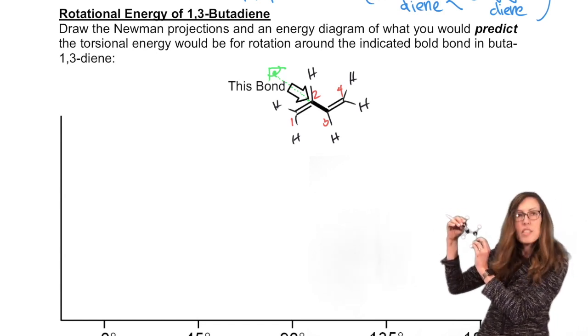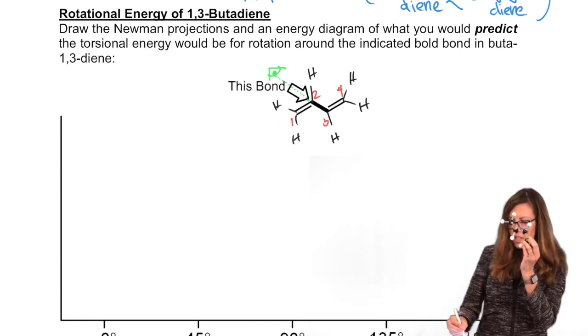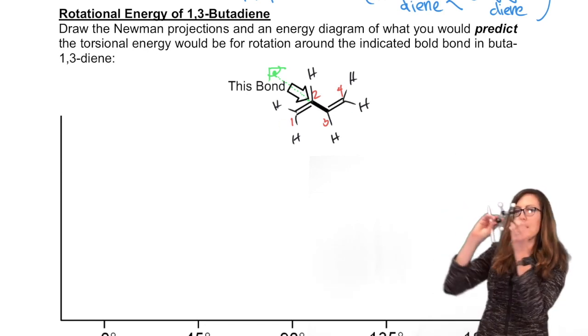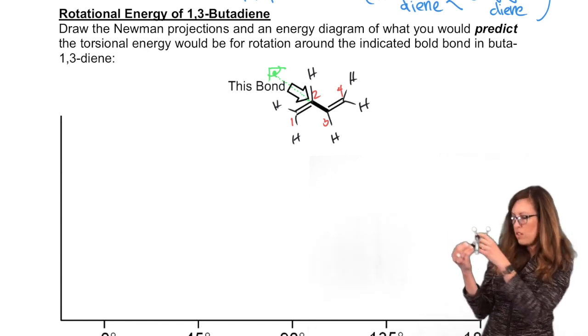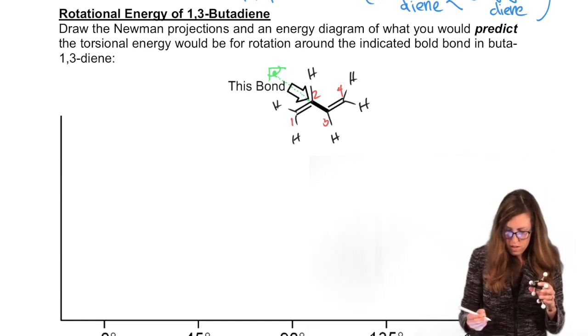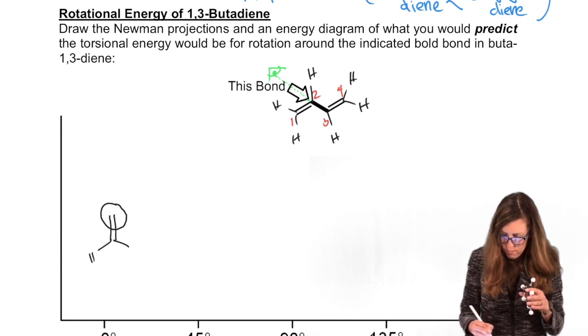But my graph tells me to start at 0, which means the CH2s right here and here are going to rotate down. So from the side it looks like that, but when I look at the Newman, it's going to look like this. It's going to look a little funny, but we can do it. So that means I have CH2 pointing down. Here's my carbon, and that's carbon 2.